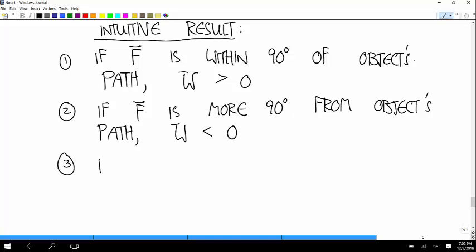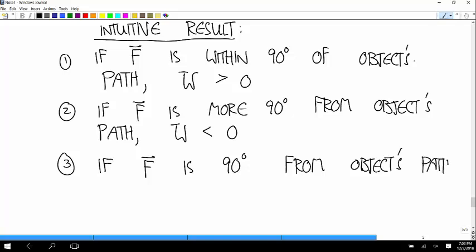And if the force vector is exactly 90 degrees from the object's path, W is equal to 0.